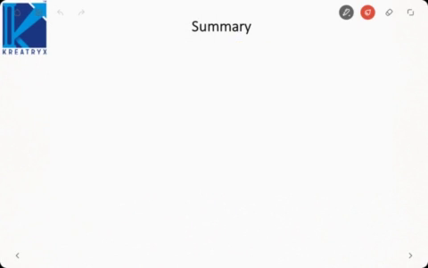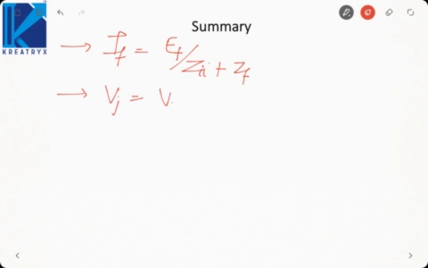Now let me summarize what we covered in this lecture. We first saw how to find the fault current. It was Ef by Zii plus Zf. Then we saw what is the new bus voltage. It was equal to old minus Zji by Zii Vi.